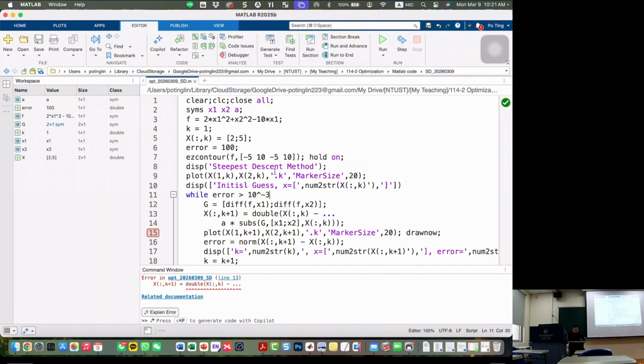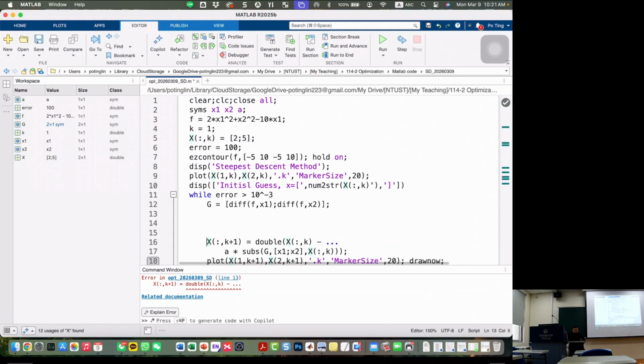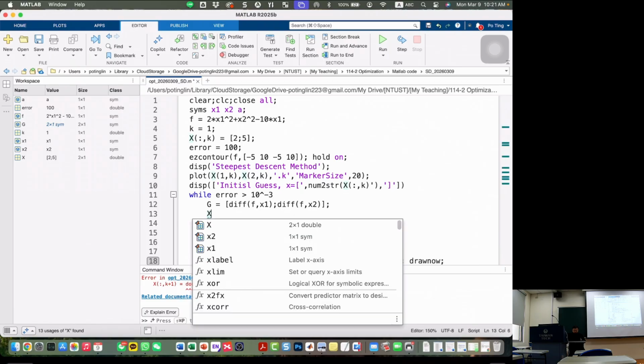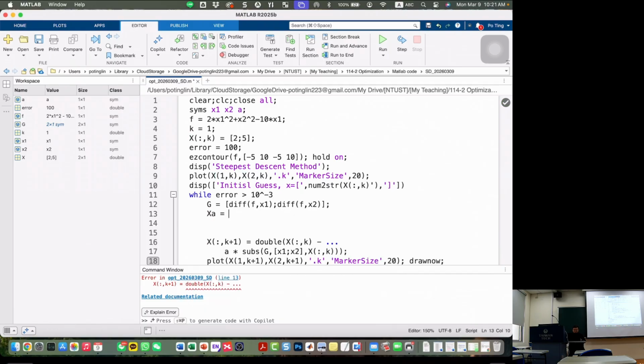So maybe I will do this later. I will just say x as a function of alpha.